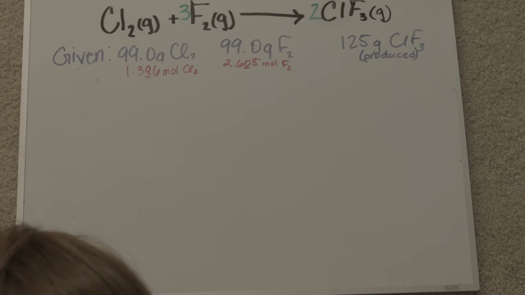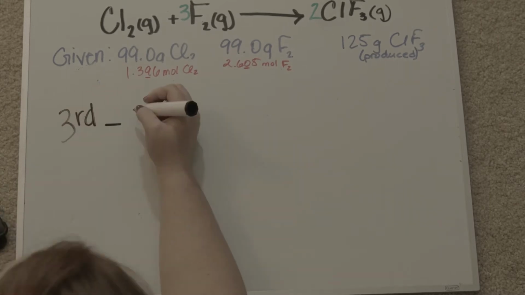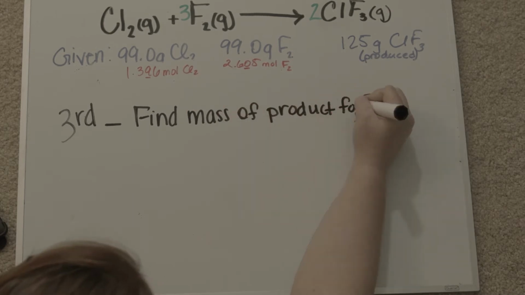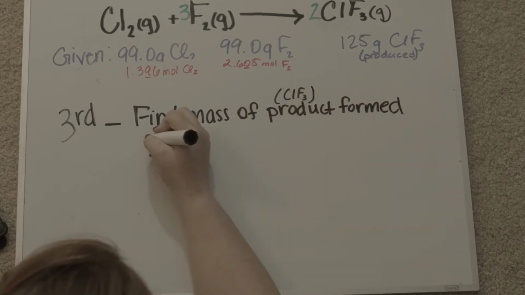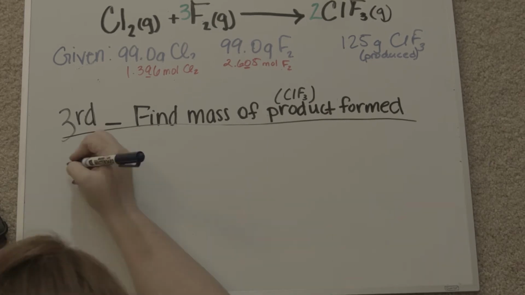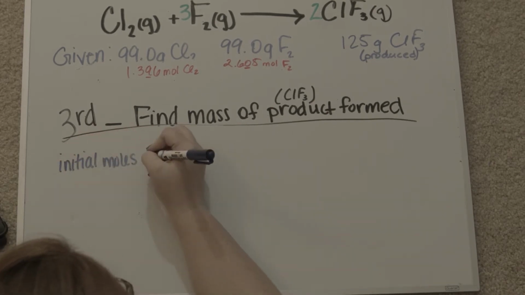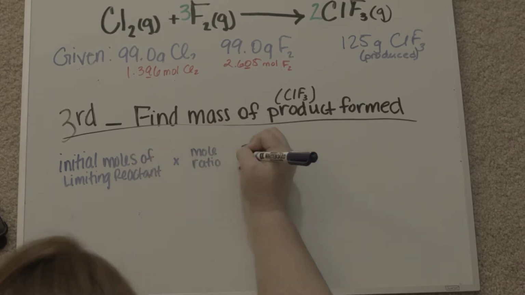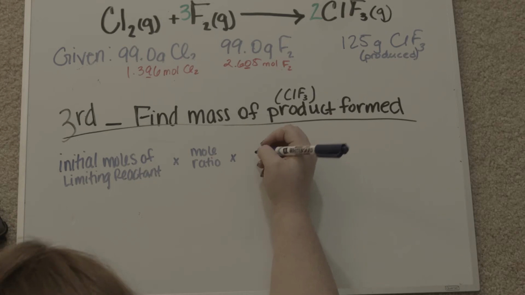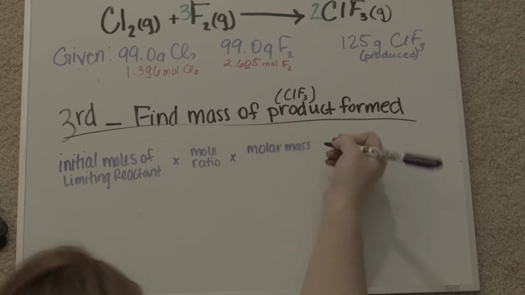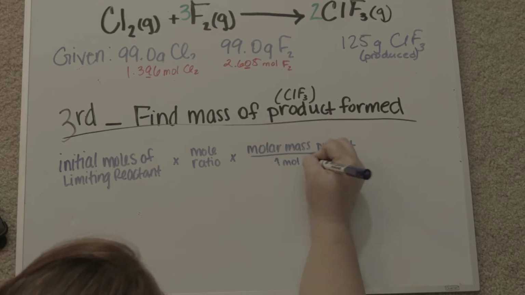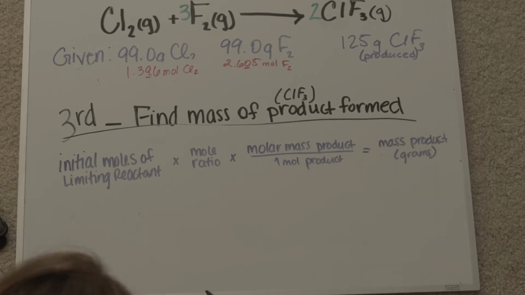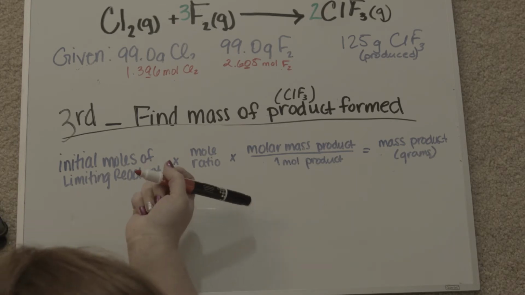So for step 3, you want to find the mass of the product that is formed. You are going to do this by multiplying the initial moles of the limiting reactant by the mole ratio, and then multiplying that by the molar mass, and then you get the mass of the product in grams.